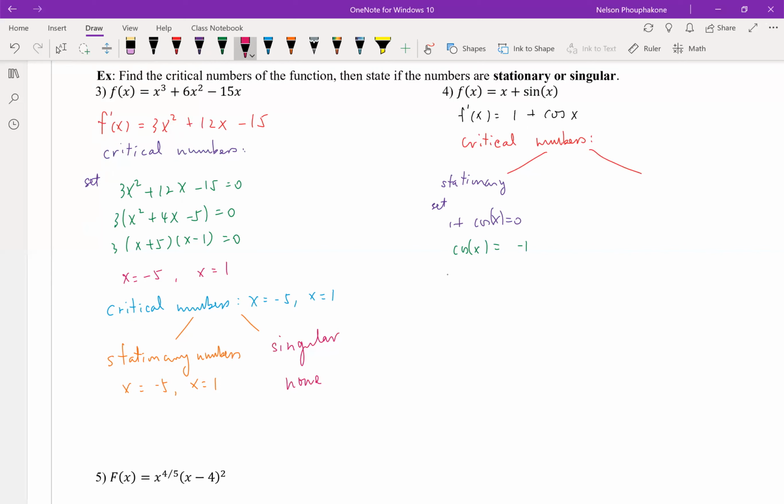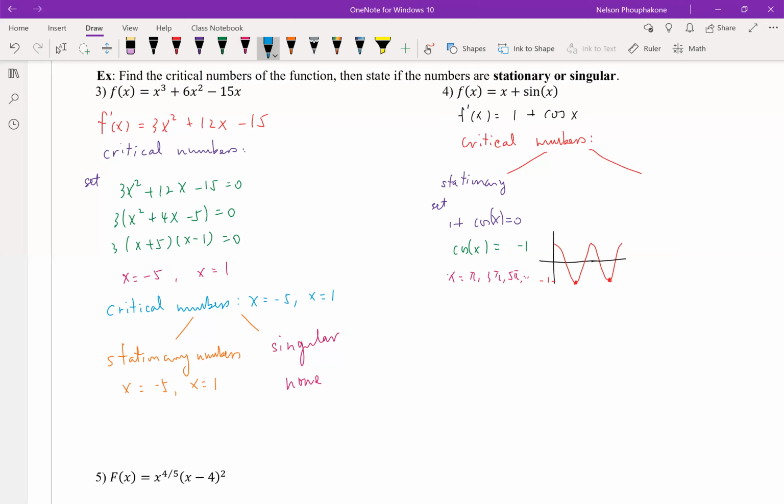Then, of course, the easy way to do this problem right here is to graph it, right? Then to have it -1, basically we have this point, and so on and so forth. So then in this case, I will have x is equal to pi, 3 pi, 5 pi.